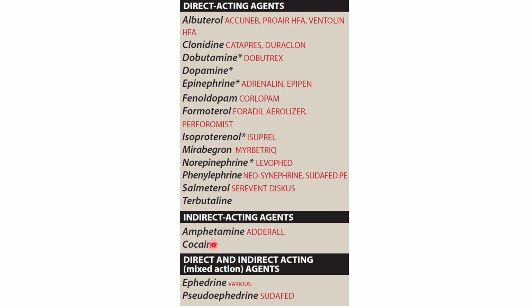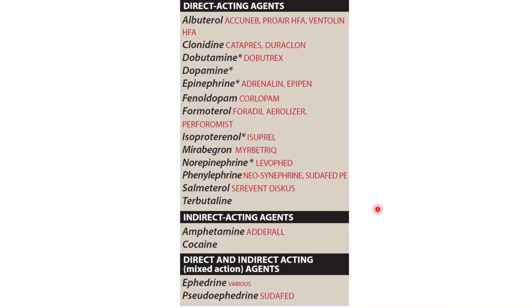And amphetamine is also a recreational drug and not a medicinal drug, but in some countries it can also be used for treatment of hyperactivity in children. But in most countries, it's not registered as a medicine. Then the mixed action, that are direct and indirect, but mostly indirect, are ephedrine and the derivative of ephedrine, pseudoephedrine.